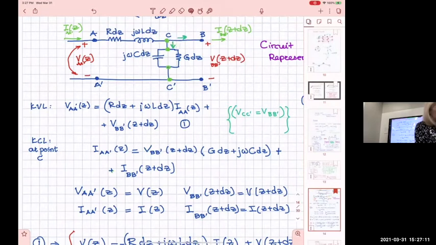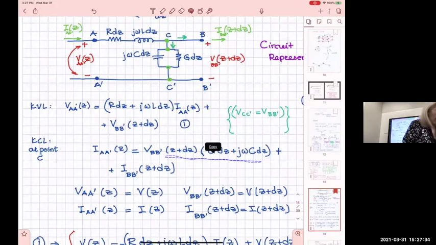And the current that flows down here is equal to the voltage across divided by the impedance, but multiplied by the conductance. That's where you have the voltage multiplied by the conductance. Otherwise, if that were an impedance, we would have to divide.